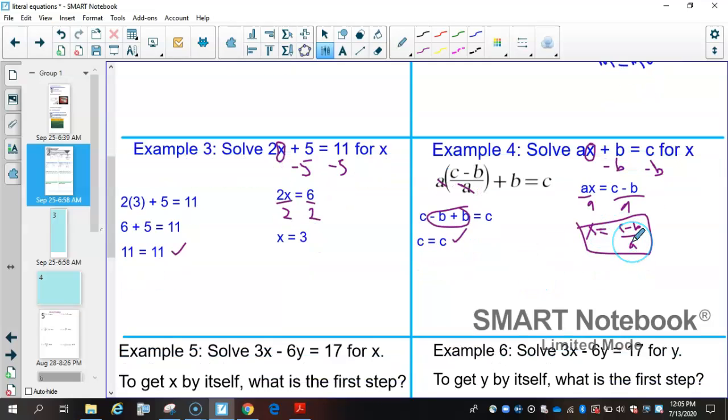So if we knew what c, b, and a were, we could find the numerical value for x, but we don't in this case. Right?